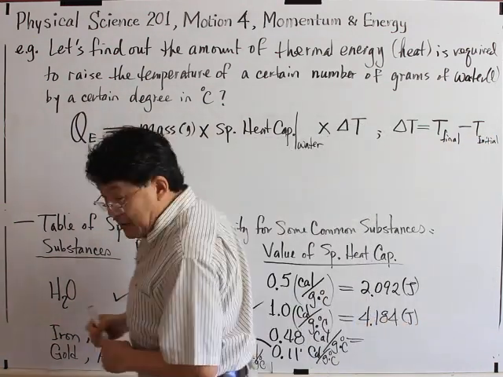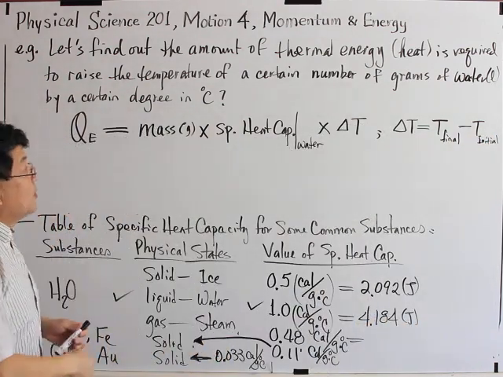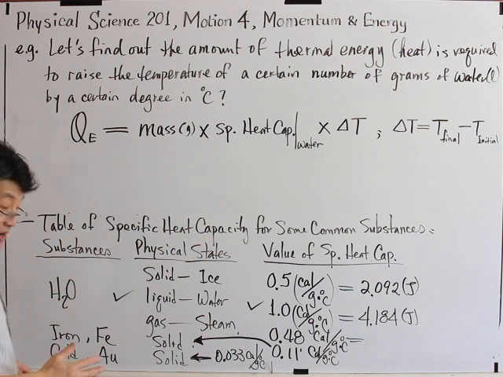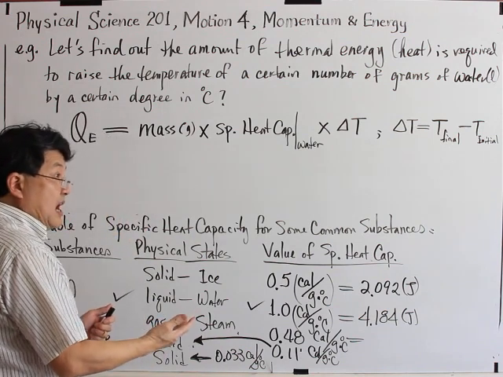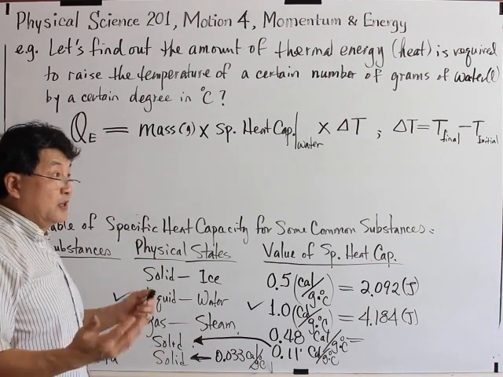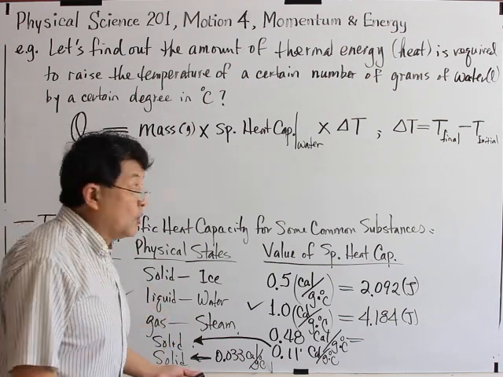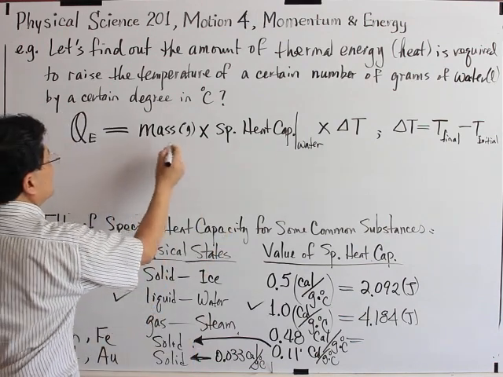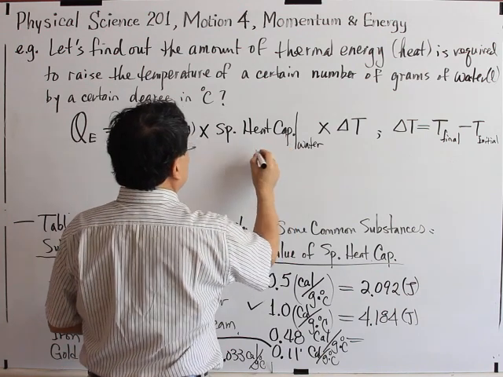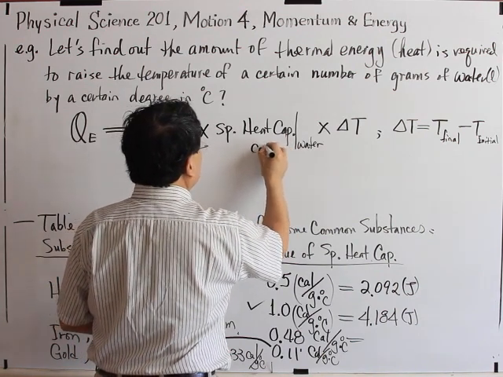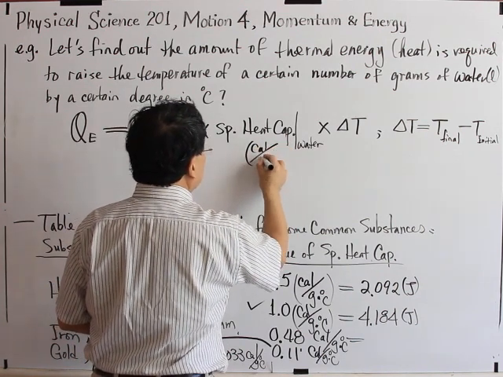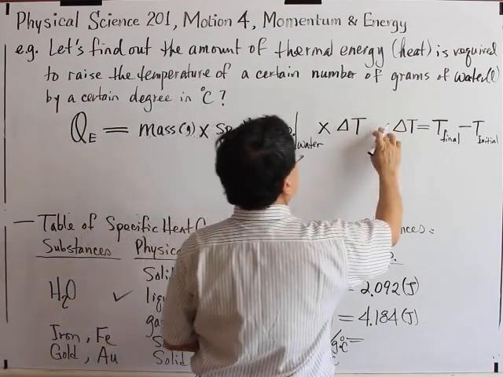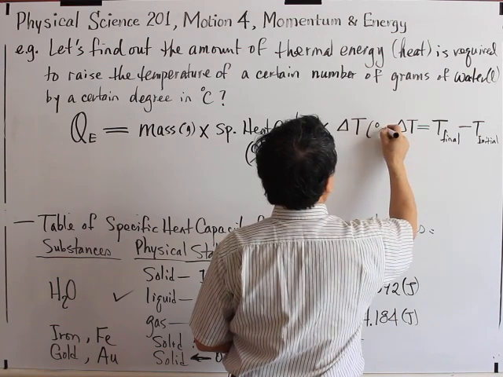Just like weight loss or weight gain, you always take tomorrow's weight subtract today's weight to find the difference. Either a positive value, you gain weight, or a negative value, you lose weight. This is the same thing here. The units are going to be calorie over gram over Celsius degree, so here will be in Celsius degree.